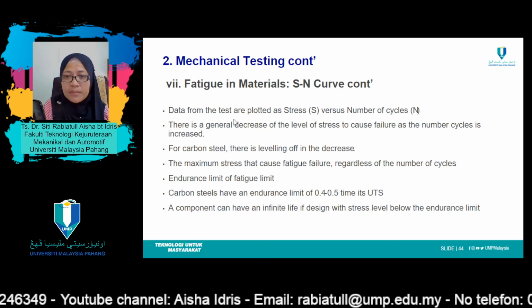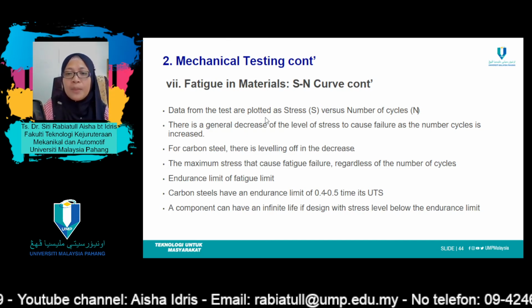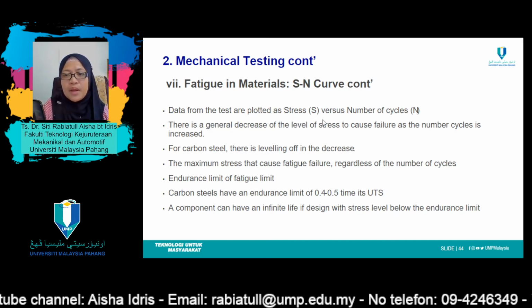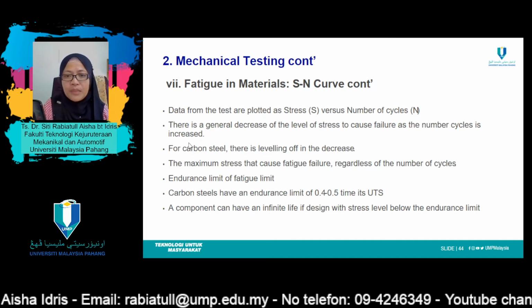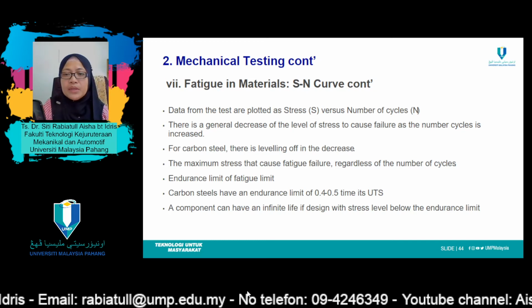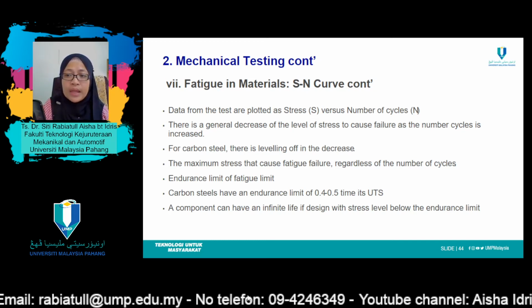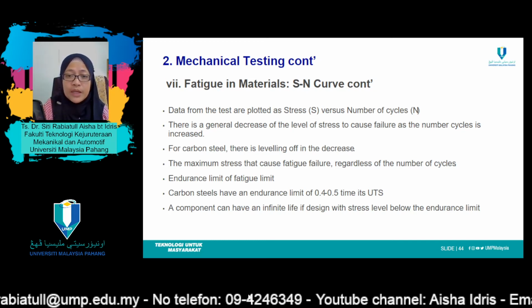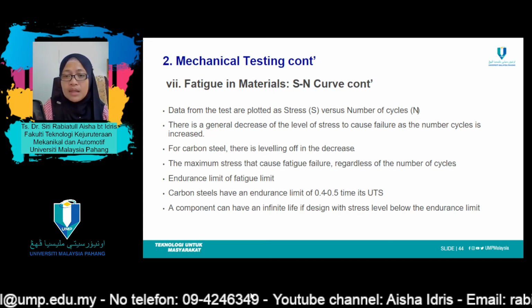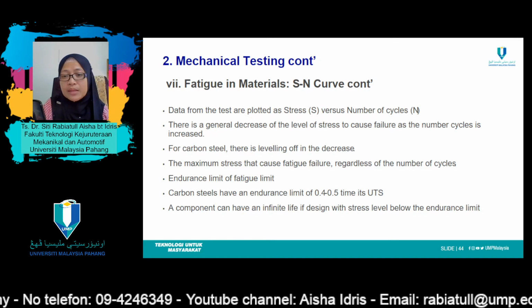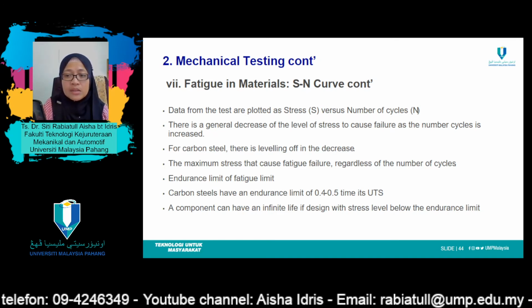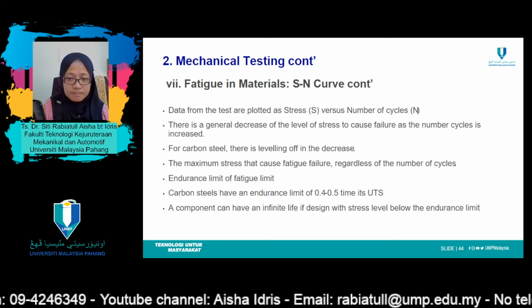So data from tests are plotted as stress versus number of cycles, and there is a general decrease in the stress level to cause failure as the number of cycles is increased. For carbon steel, there is a leveling off in the decrease, a maximum stress that causes fatigue failure regardless of the number of cycles.